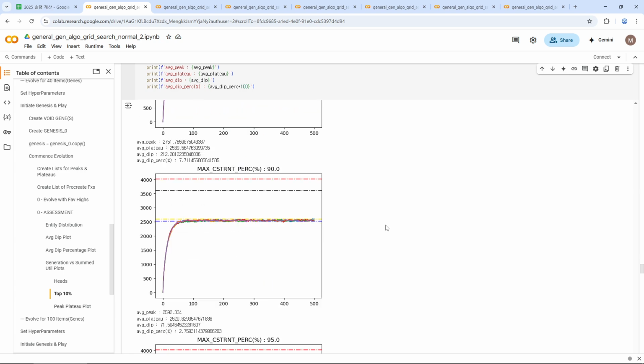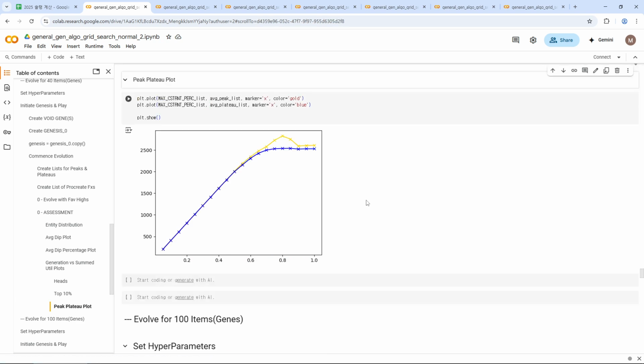Okay. Looking at the peak plateau plots. Kind of expected. What we just saw could have been just an anomaly.